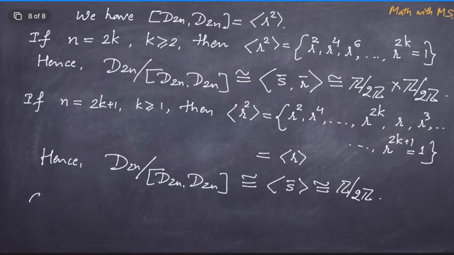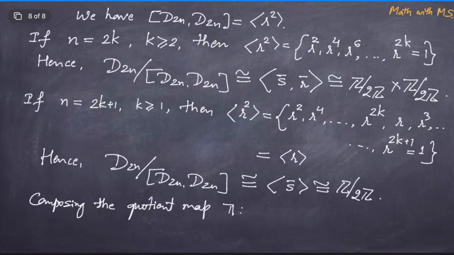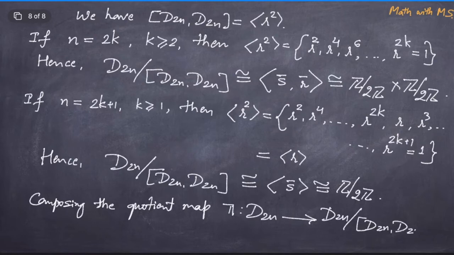So composing the quotient map pi from D2N to D2N modulo the commutator with the irreducible representations of the Klein 4 group and the cyclic group of order 2 will give all degree 1 representations of the dihedral group D2N.